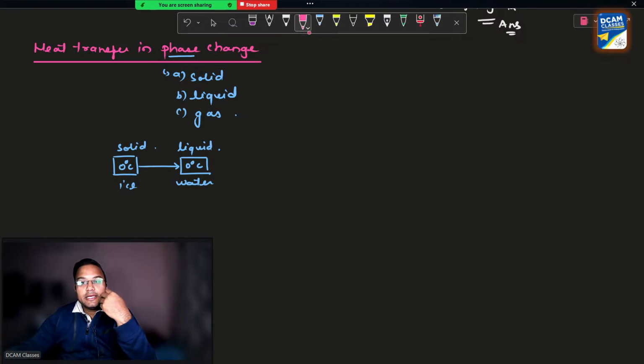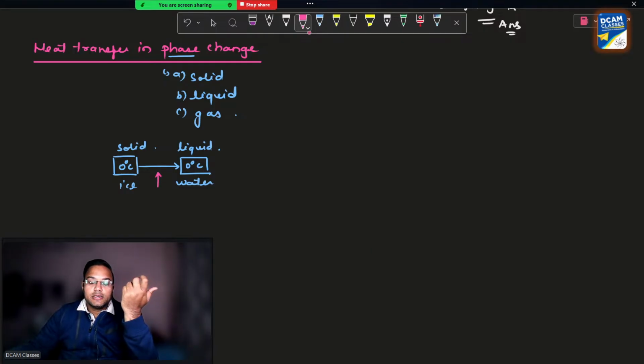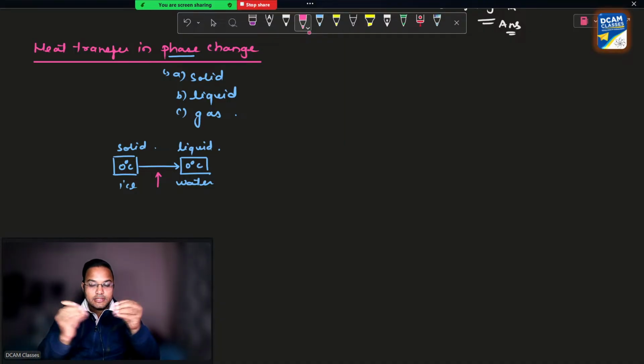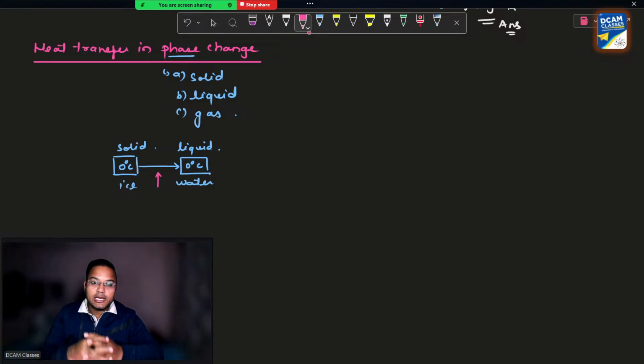But in this case, what happens? It is absorbing heat. Because of that heat absorption only, it is changing its phase from solid to liquid. At the molecular level, the molecules were well structured, crystallized.